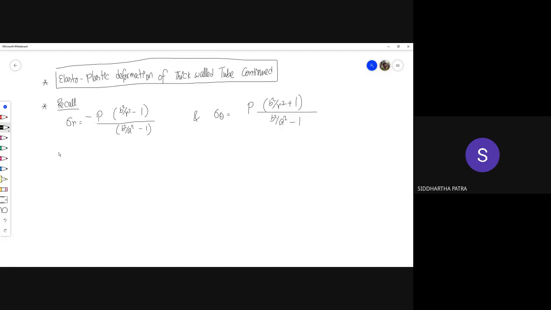And so this is true if where K is the yield stress in shear.